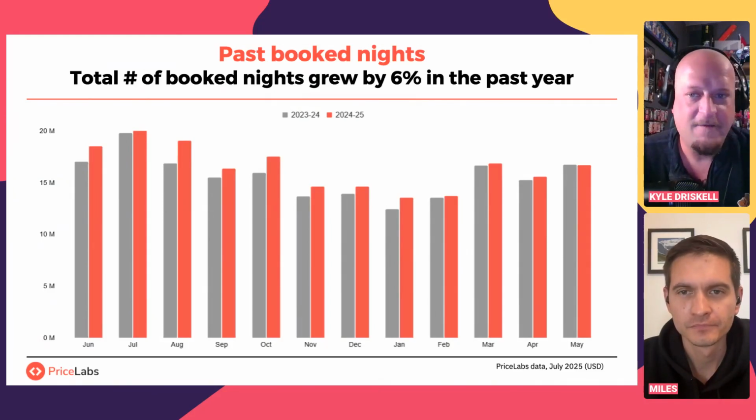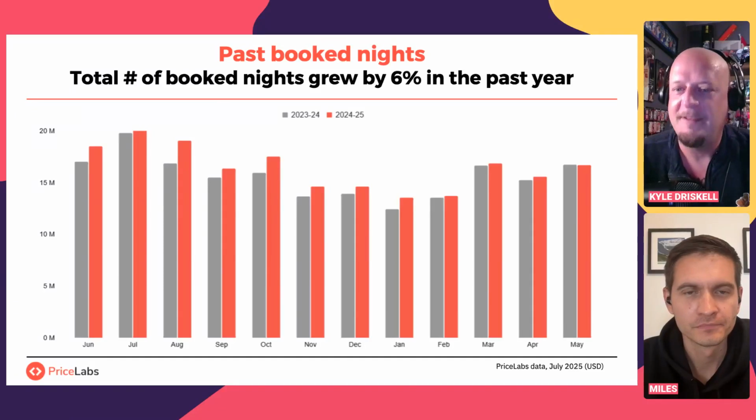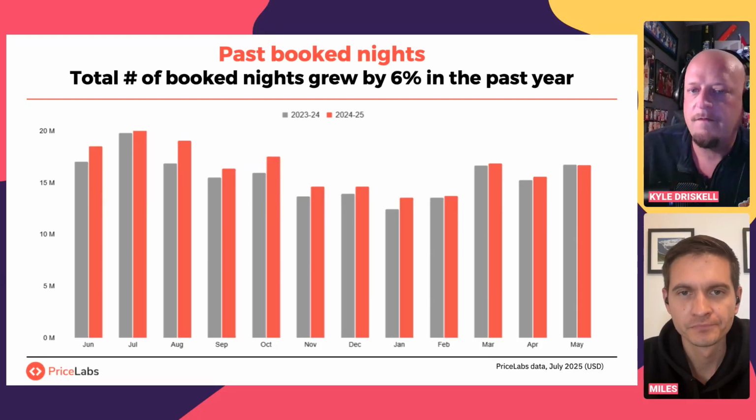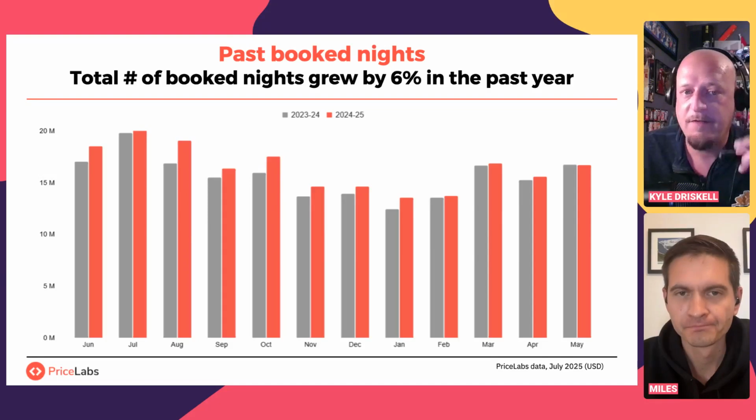I think everybody knows that with demand and what we've seen in short-term rentals, supply has also increased substantially. It's a little bit more competitive. Before we get off of this, though, I do want to point out, if we're looking at this graph right here from left to right, we see a little bit more growth on the left side. So June that we see over here on the left from 2023 going up to 2024 and 2025 was a substantial increase.